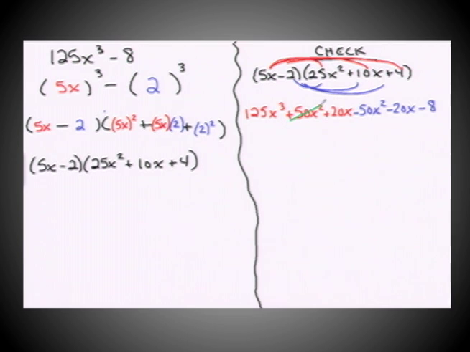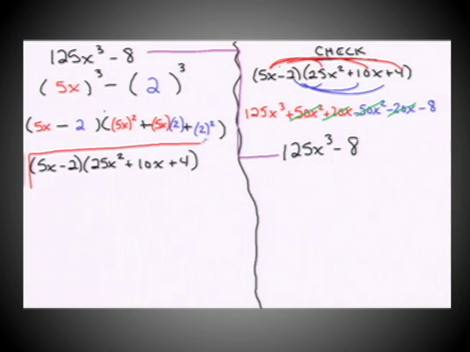So 50x squared and negative 50x squared combine to make 0. 20x and negative 20x also combine to make 0. We are finally left with 125x cubed and a negative 8, showing that indeed we end up with the same binomial or difference of cubes that we started out with.